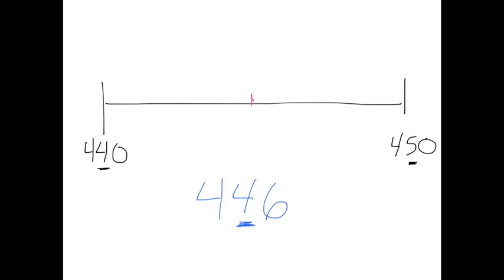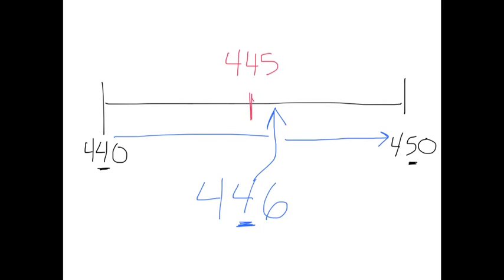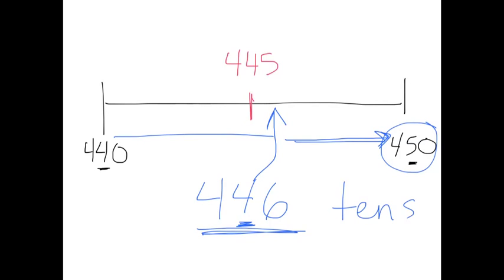We know that right here in the middle is 445, and 446 is right here, which means it is closer to 450 than 440. So that's what we will round 446 to if we're rounding to the tens place.